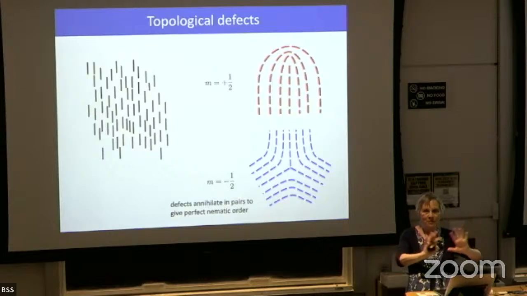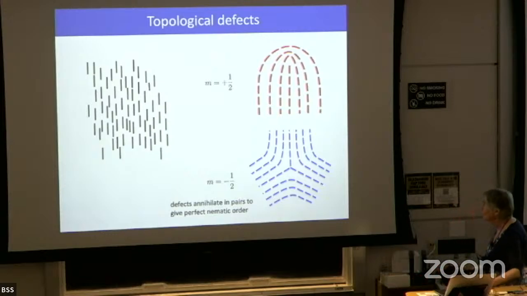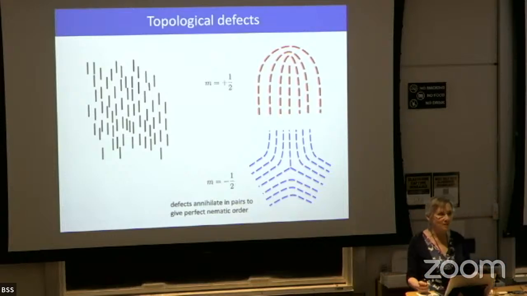In your laptop, you have a nematic, and you really don't want topological defects in there because it's going to muck up the purity of your laptop screen. So remember the shapes of these things. The plus a half looks like a comet, and the minus a half has this threefold symmetry. In a passive system, they would just tend to annihilate with each other.